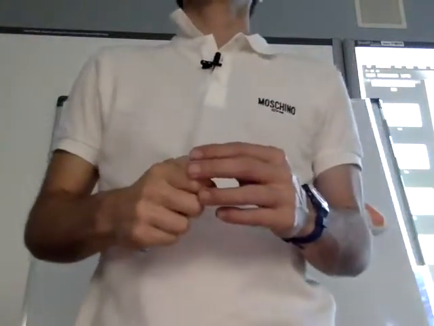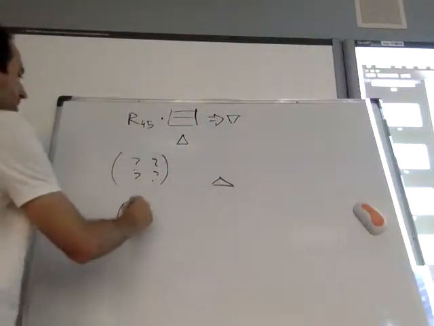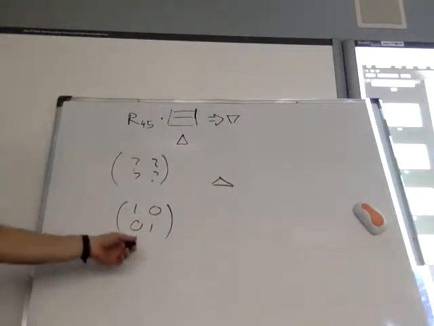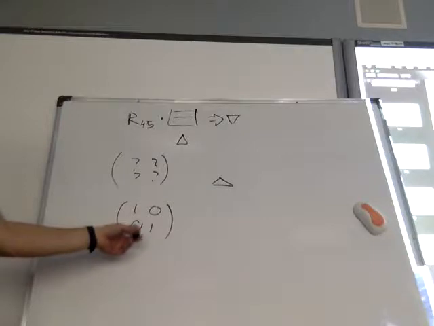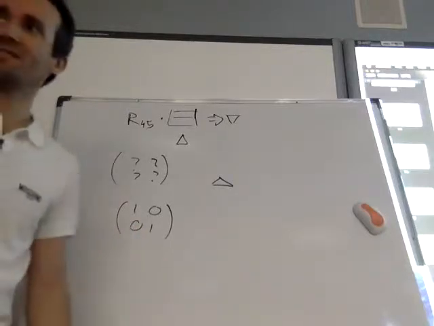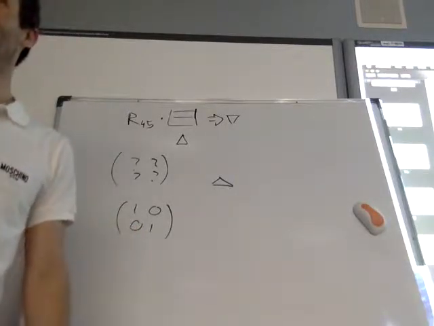How would you do it? Nothing? No? Okay. Do you know this matrix? Have you seen this matrix before? Never? Identity matrix, have you seen it? Yes? You've seen identity matrix?